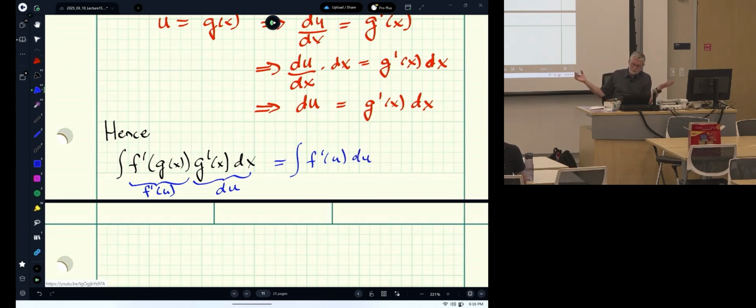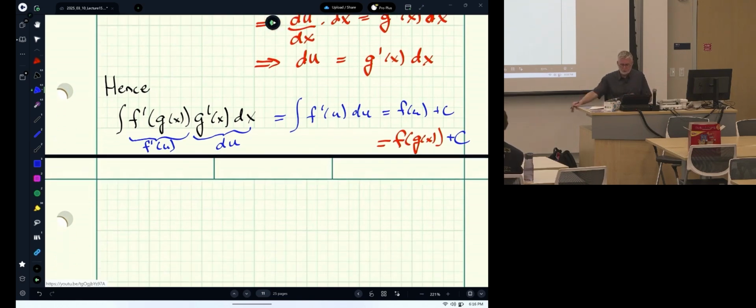And now we just apply the fundamental rule. Whenever I integrate a differentiated function, I just get the function back. But u is g of x plus c. And we'll do one example and then we stop.